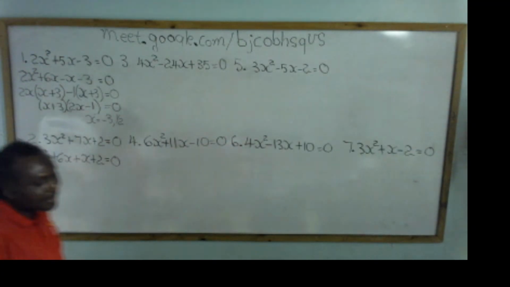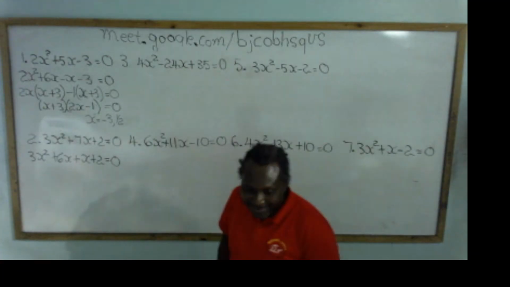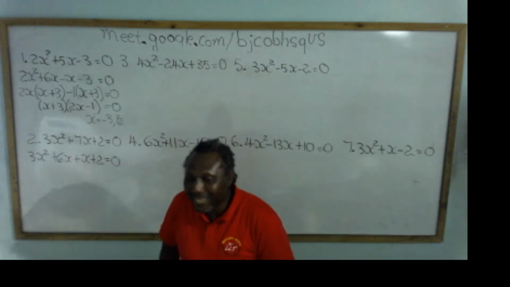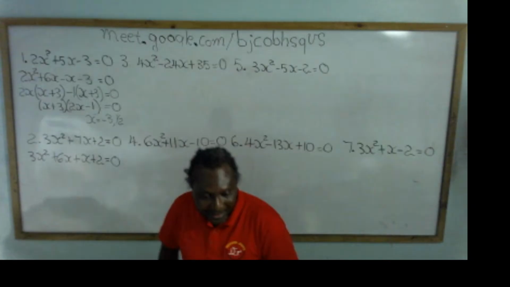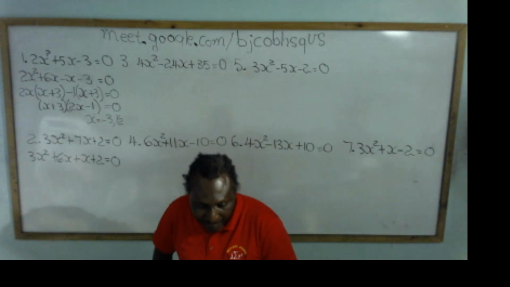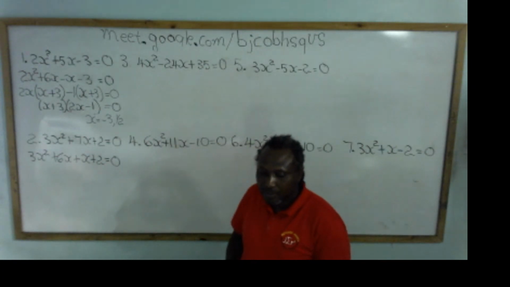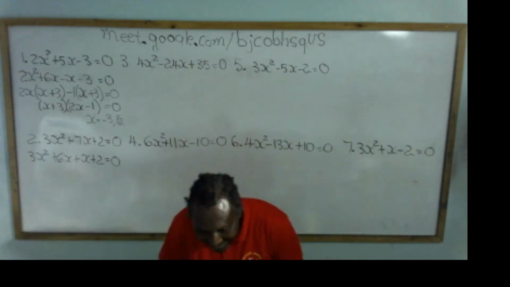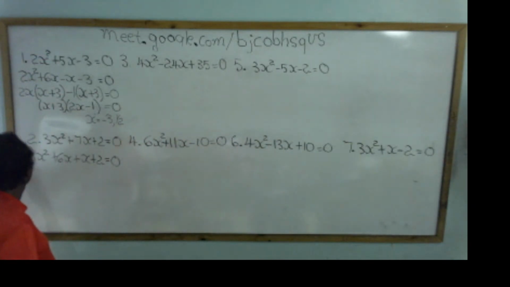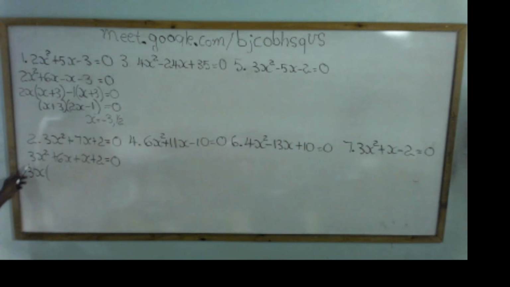What's the common factor of 3x squared and 6x? What is the highest common factor of 3x squared and 6x? 3x. So let's go. Take out the common factor of 3x. 3 will cancel 3 and x into x squared is x. 3 into 6 is 2 and the x's will cancel.